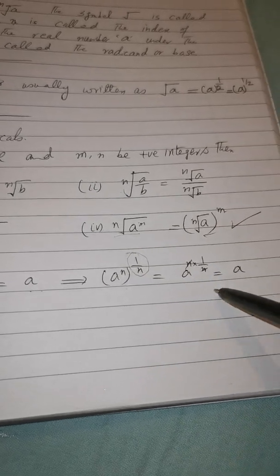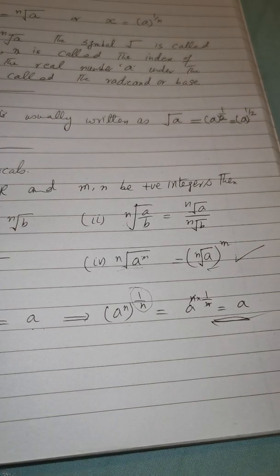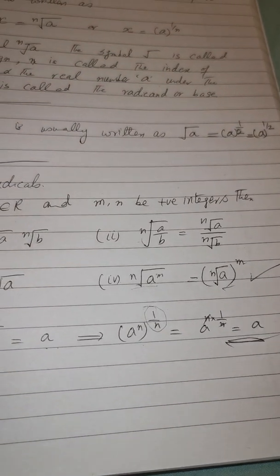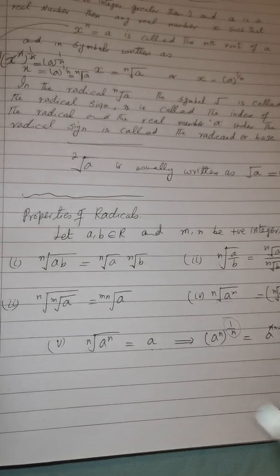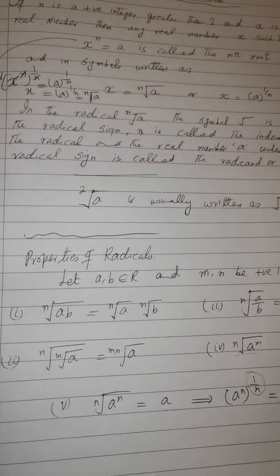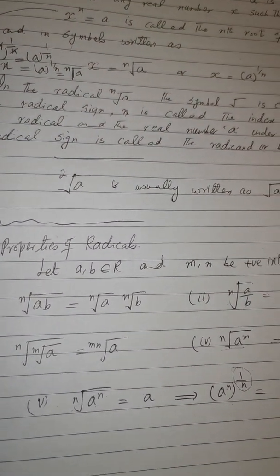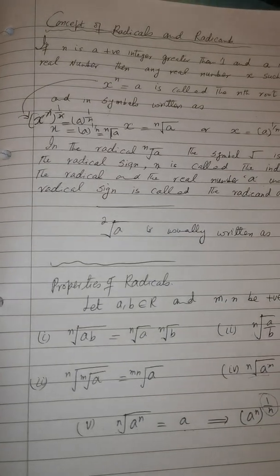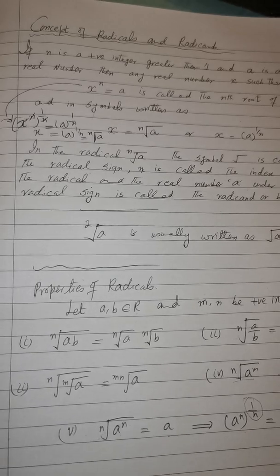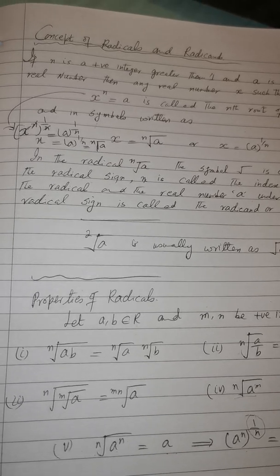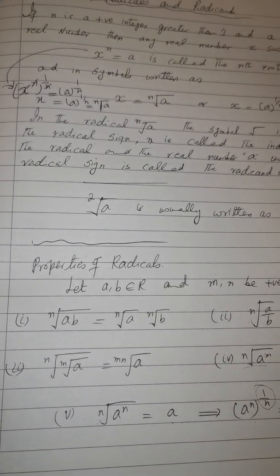A power 1 will give you a. These are the 5 properties of radicals, and next we will learn the procedure to simplify radicals and radicands.